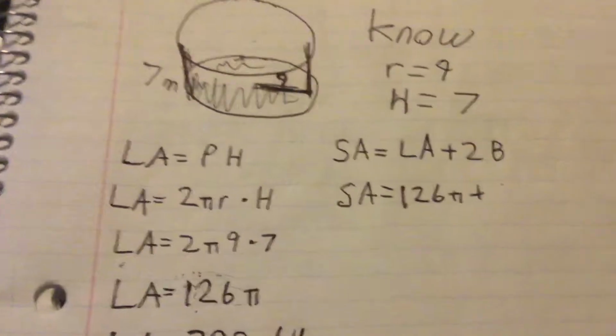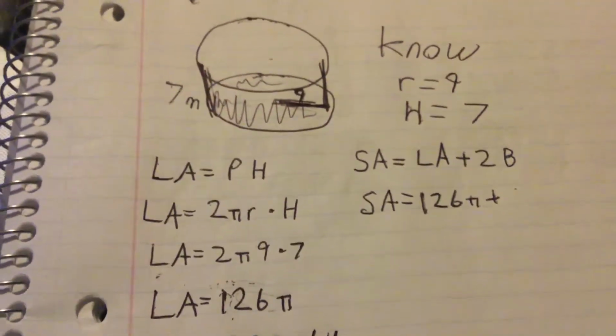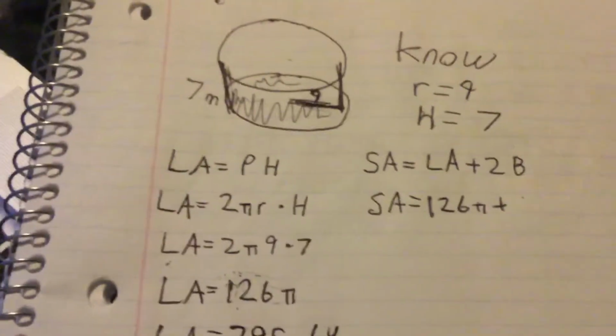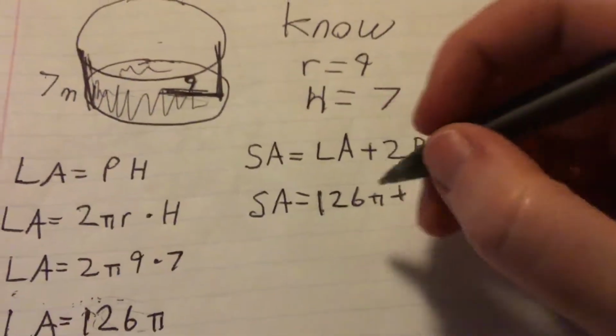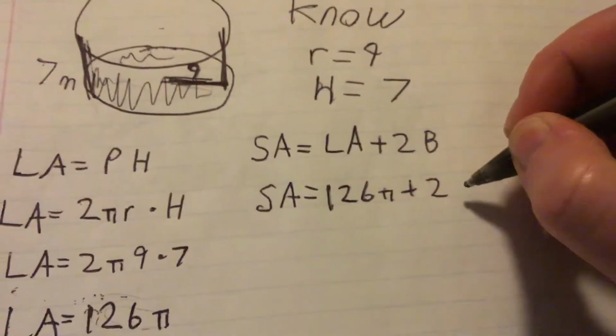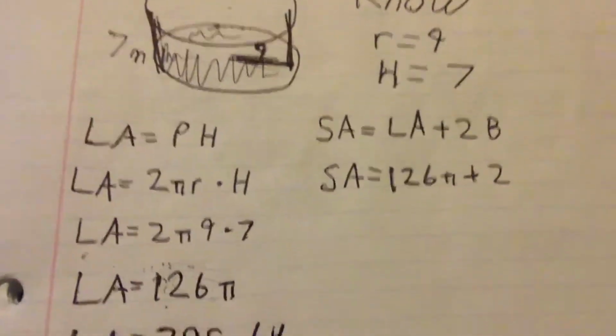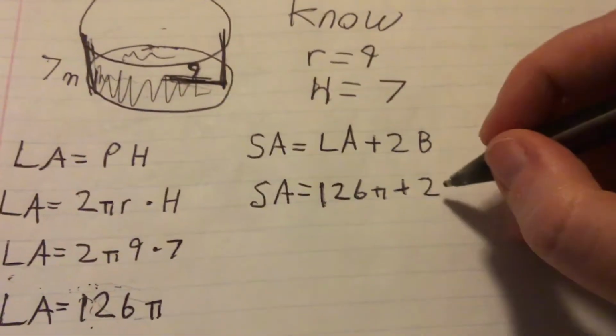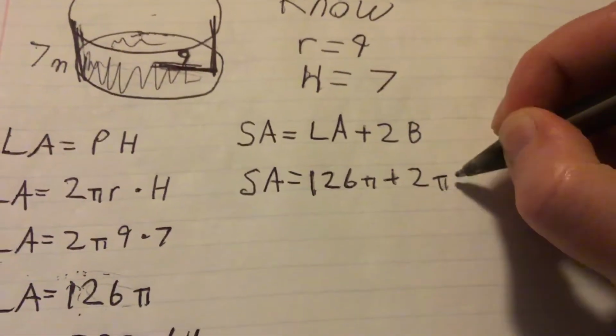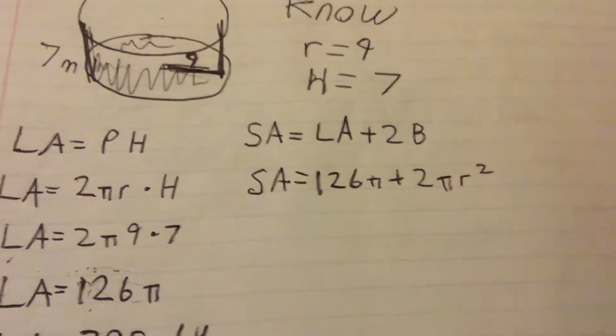Okay, and now we need to find our base, which is, again, same as our perimeter. So 2, not the same, but pi r squared.